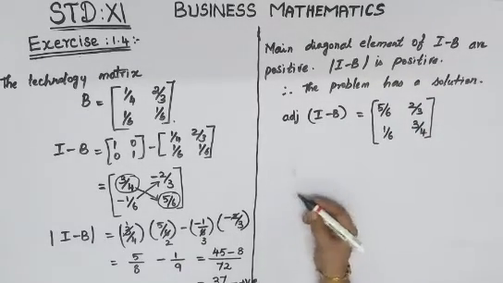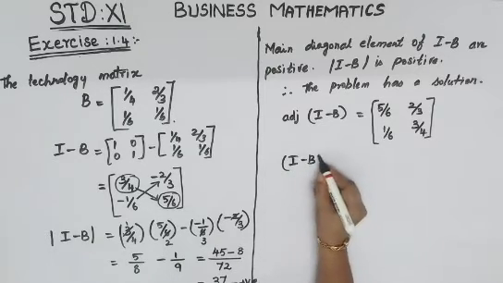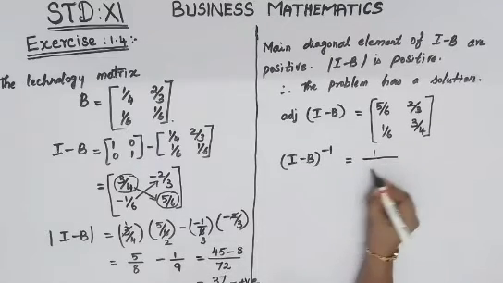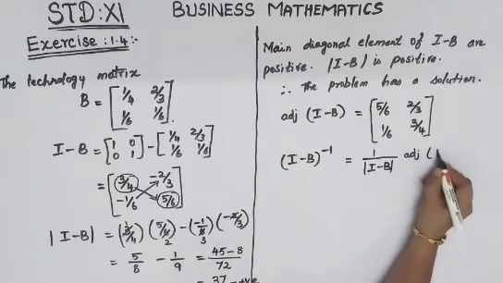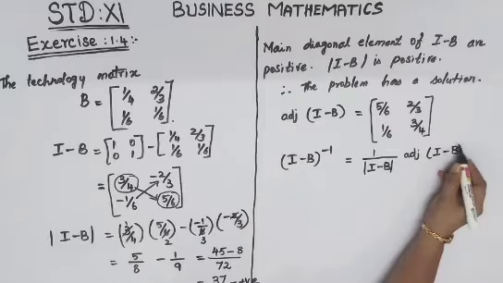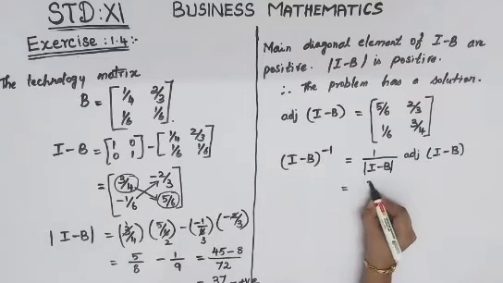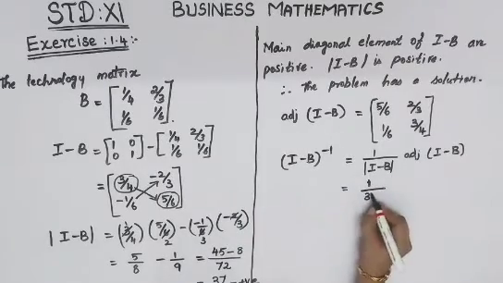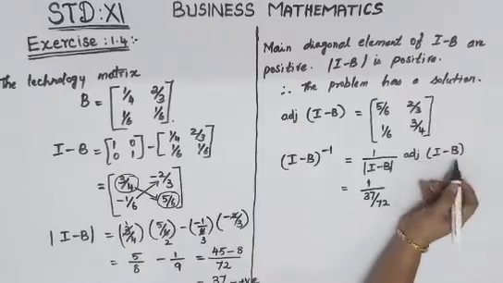So the next step is I minus b, the whole inverse, you will have to find it. Equal to 1 divided by determinant of I minus b into adjoint of I minus b. So we have got the determinant of I minus b, the value is 37 by 72. So in the denominator you have to write it, 37 divided by 72 into adjoint of I minus b.